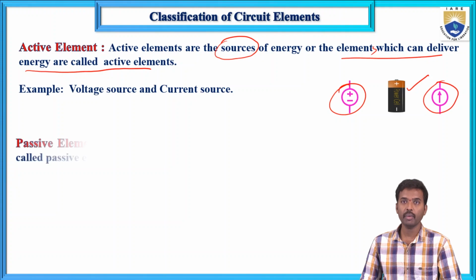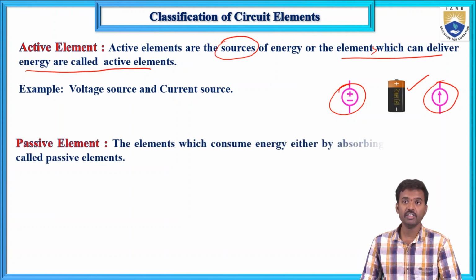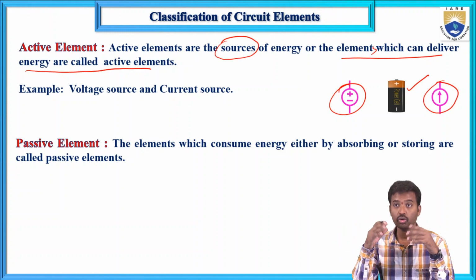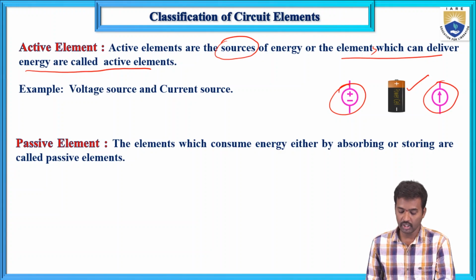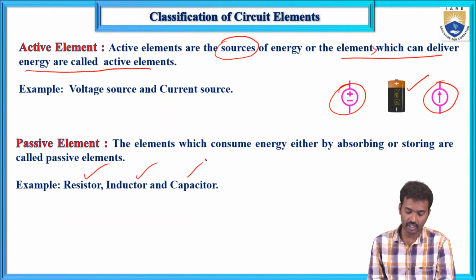Now what about the passive elements, which receive the power? Elements which consume power, absorb power, dissipate power, or store energy in the form of a magnetic field or an electrostatic field are called passive elements. Examples are resistors, inductors and capacitors.